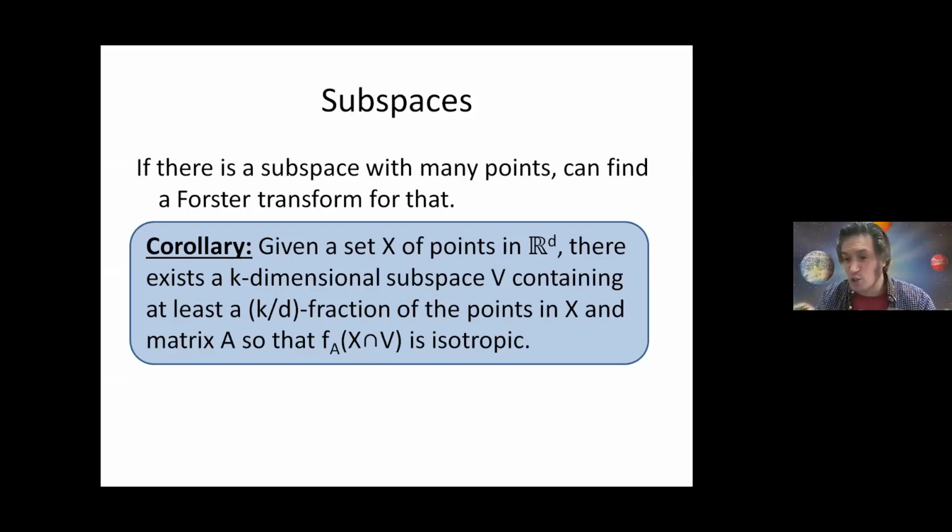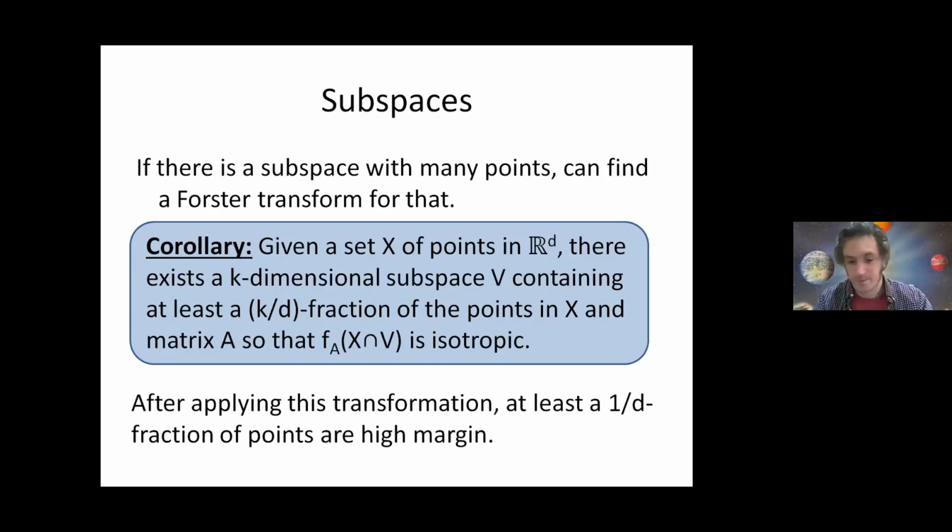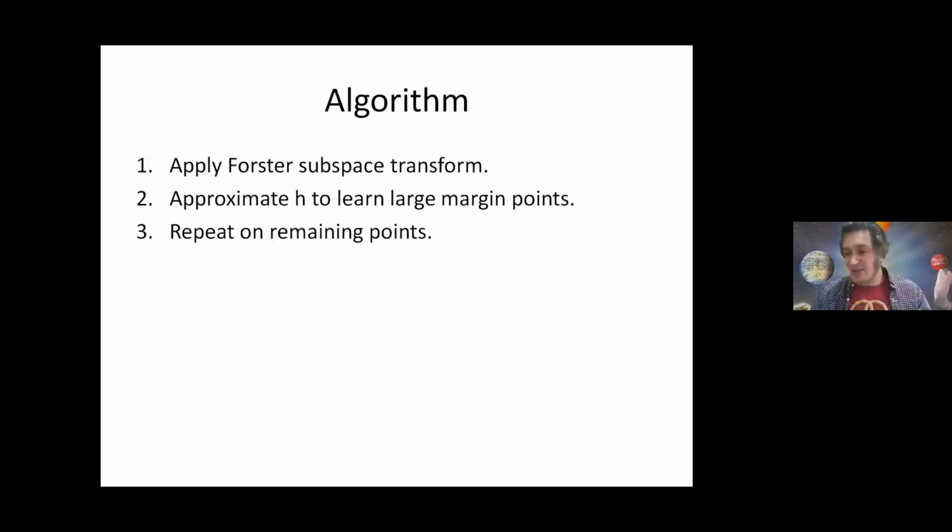After applying this transform, we're guaranteed that a decent fraction of those points now have large margin. In particular, after applying this transformation, at least a 1 over d fraction of the points have reasonably large margin. And in particular, this gives, yeah.